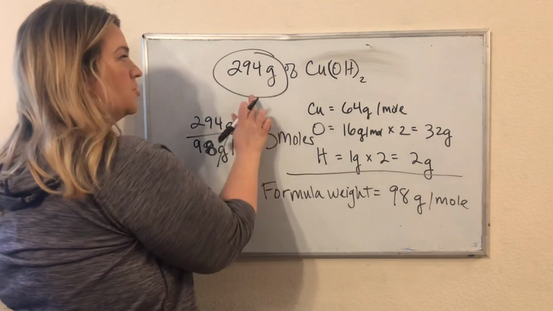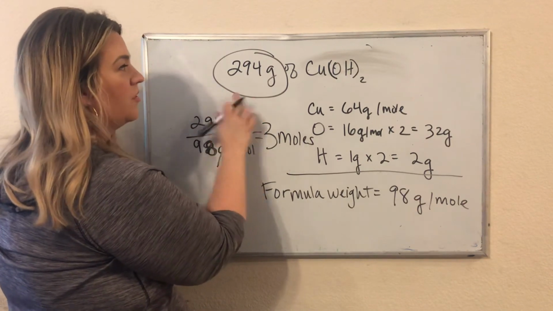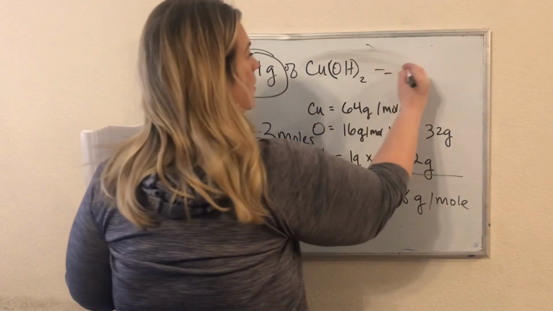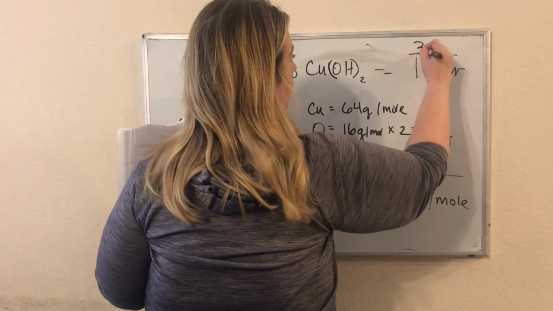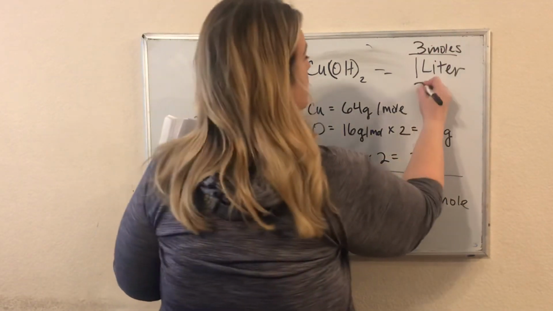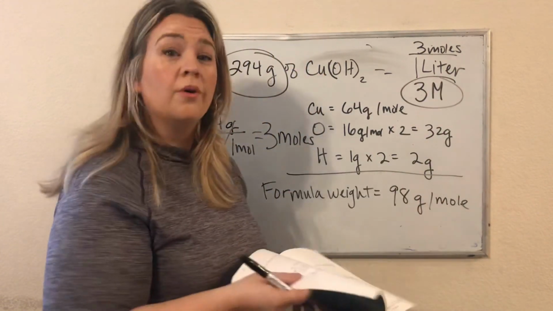So this is 3 moles worth of copper 2 hydroxide that was added to 1 liter of water. So we've got 3 moles in 1 liter of water, and that equals 3 M. That's your molarity. It's really that simple.